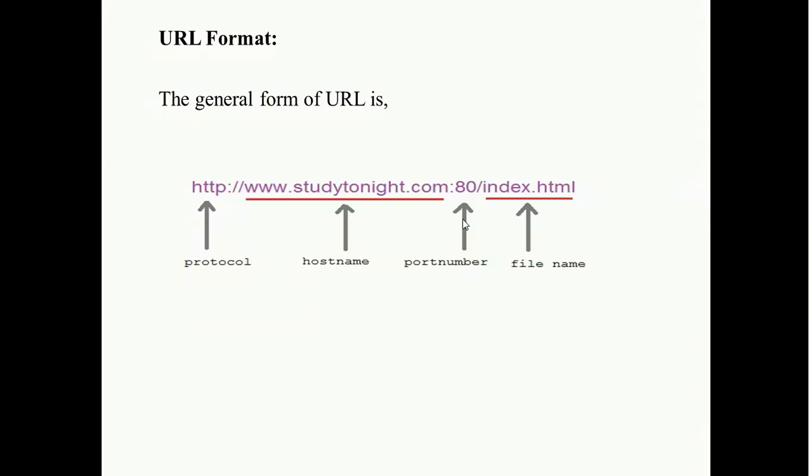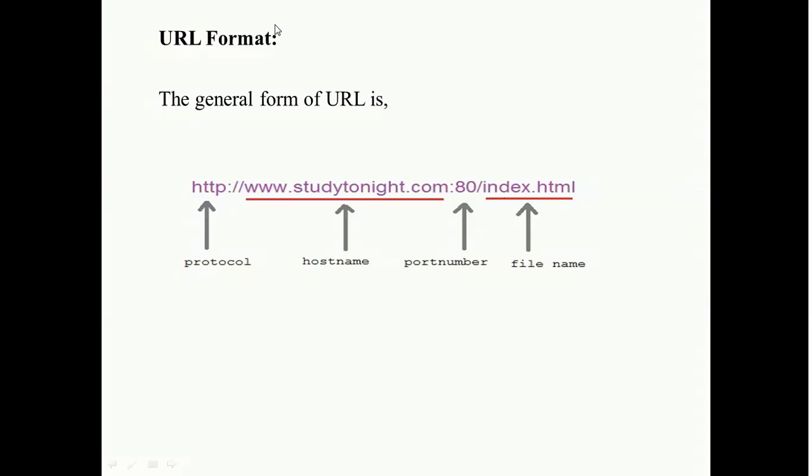First is protocol, second host name, third port number and fourth file name. So first, HTTP is the protocol. www.study2night.com is the host name. 80 is the port number and index.html is your file name.